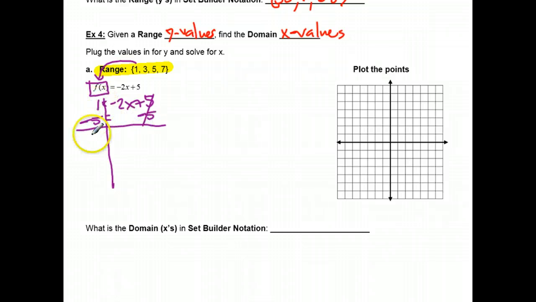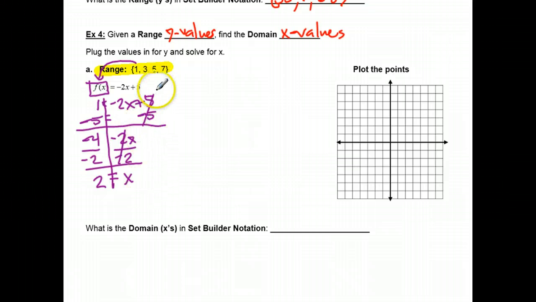On this side I have 1 minus 5, which is -4. On this side I have -2x. Then we solve for x, do the opposite. Opposite of times by -2 is dividing by -2 on both sides. Those are gone. So now I'm left with x by itself. -4 divided by -2 is +2.